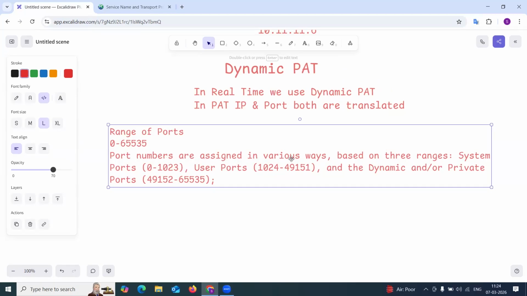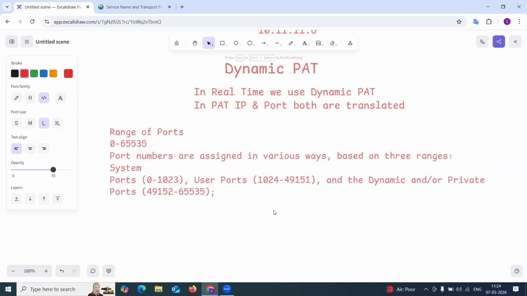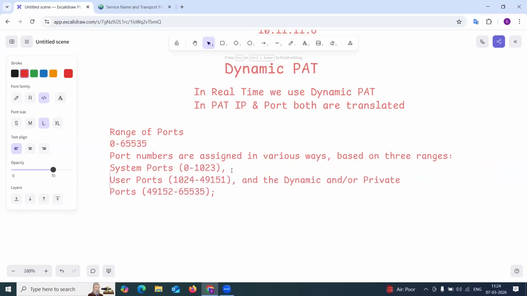Port numbers are assigned in various ways based on three ranges we have. One is system range. System port range is 0 to 1023. Second is user port range.